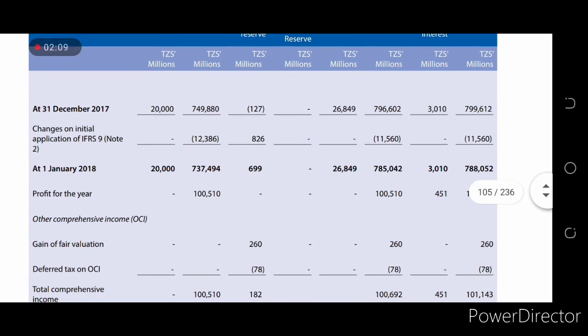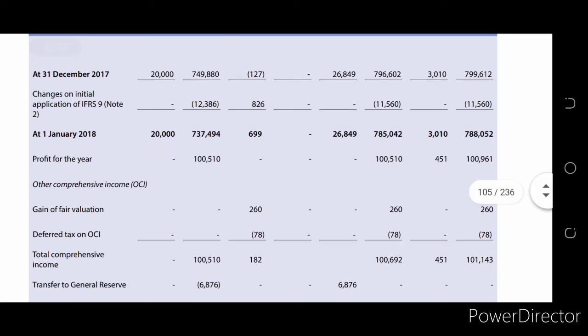So we can see here, as of 31st December 2017, those changes on initial application of IFRS 9. You can always check this out in the notes. Here they've indicated it's note 2, but I could just tell you that this is a change in accounting policy. IFRS is basically accounting standards that deal with how financial statements are supposed to be recorded and presented.